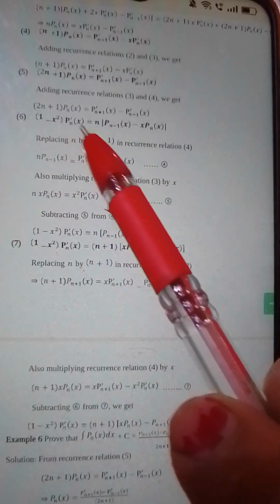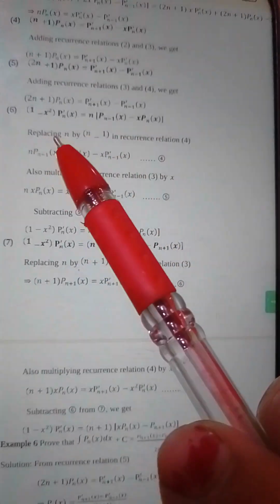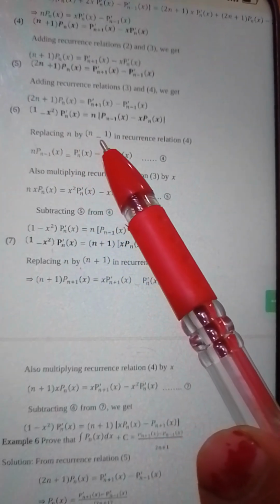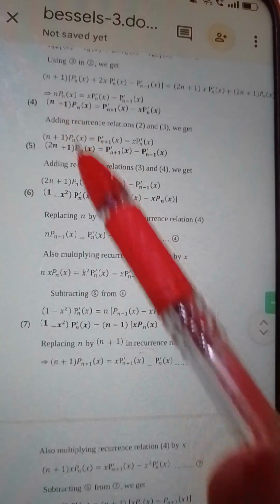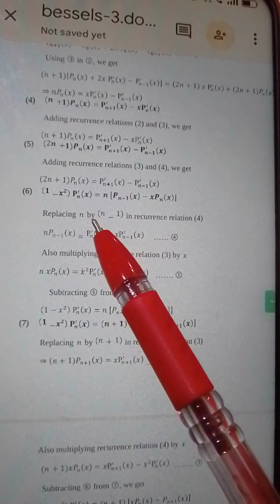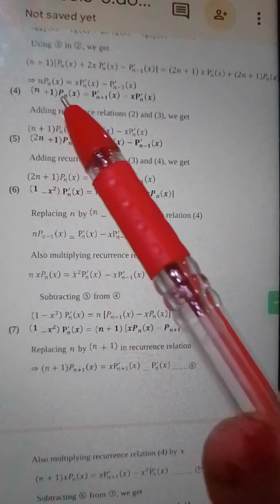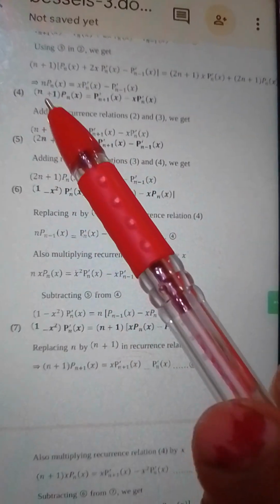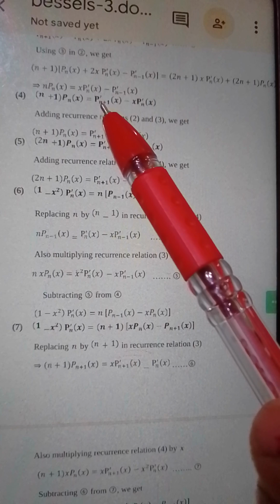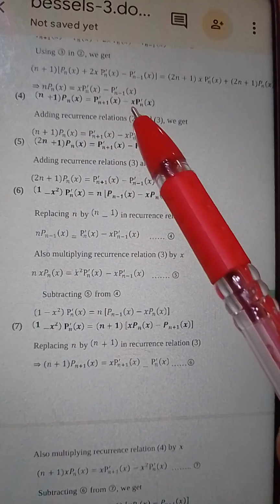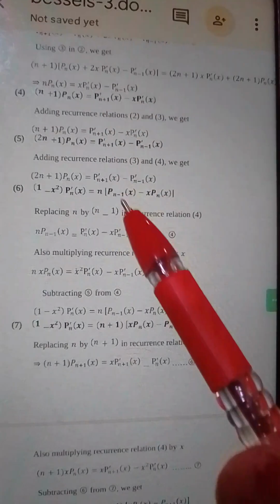Now sixth recurrence, this is our sixth recurrence formula. Now replacing n by n minus 1 in recurrence 4. We are replacing n, in place of n we are writing n minus 1. So n plus 1 will be n and n will be n minus 1 equals p dash n plus 1 will be n minus x p dash n minus 1.